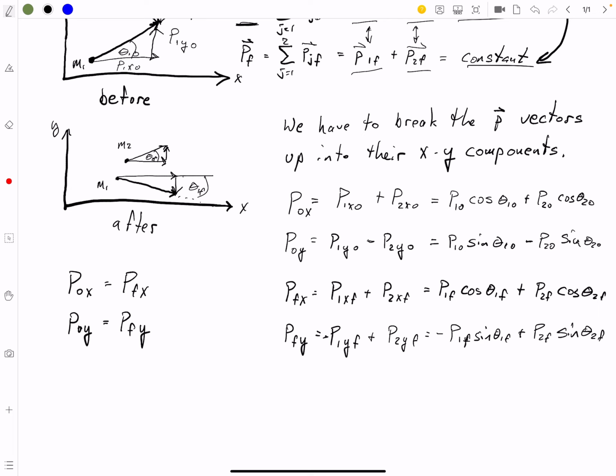But we already know this, right? So we can start equating things. We can take this one and equate them, and this one and equate them. That's going to give us two equations.